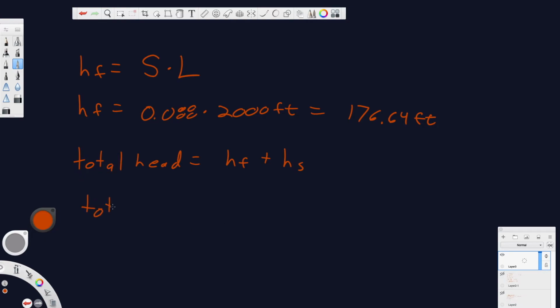So in this case, this is pretty obvious at this point. We have 176 plus our 30 that was given to us in the problem statement. It's going to be 206 and some change feet of total head.